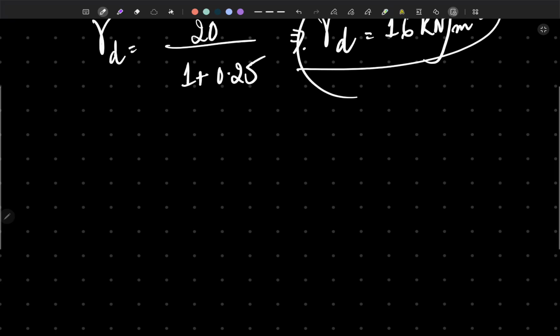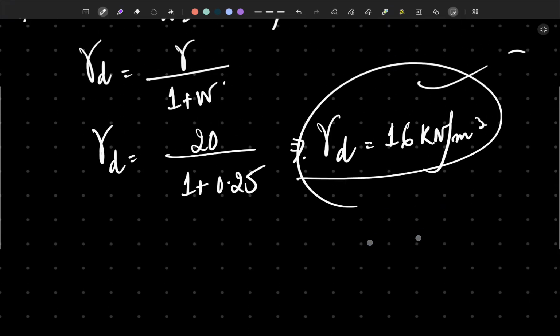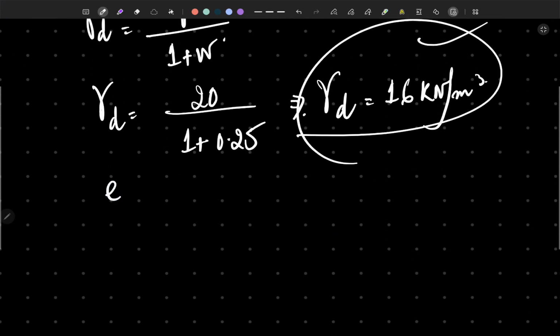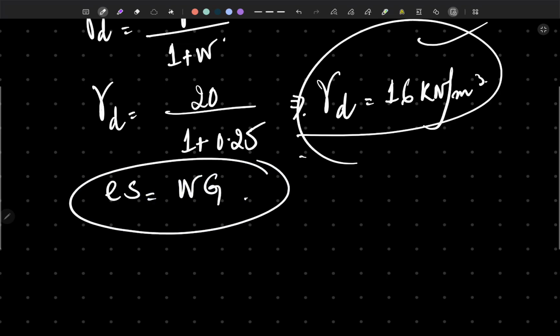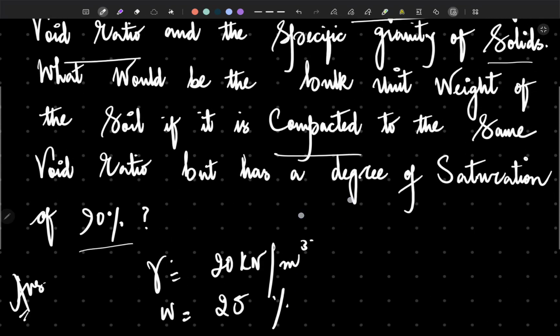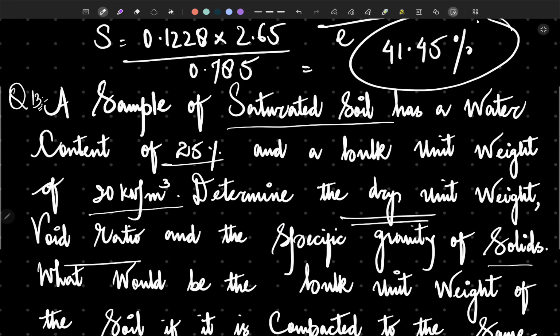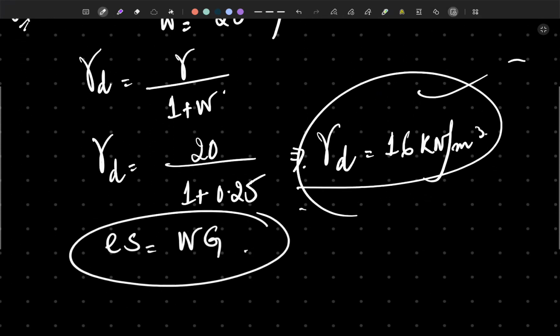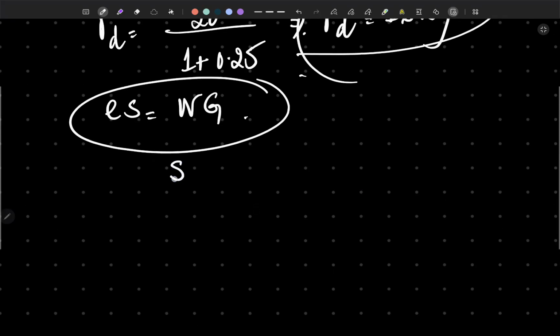So let's now find the void ratio. If I use the generalized equation, S e equals wG. But the question itself says a sample of saturated soil. So in this condition, the soil is completely saturated, so there is no air phase. So S is equal to 1, and e is equal to wG.